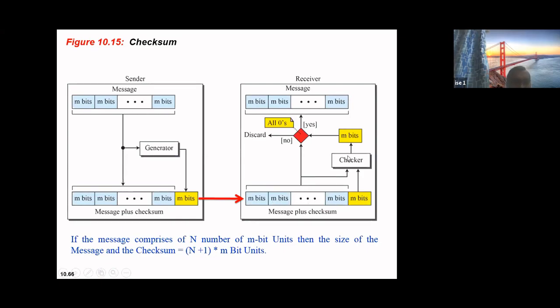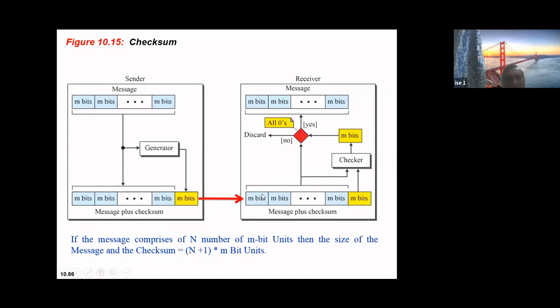The entire m bit units plus the checksum are fed to the checker, and the checker generates m bits. If these m bits are all zero, then I'll accept the entire message of 40 bits, each unit comprising 8 bits.